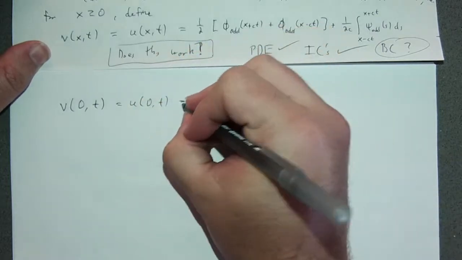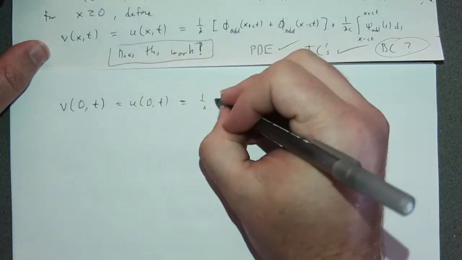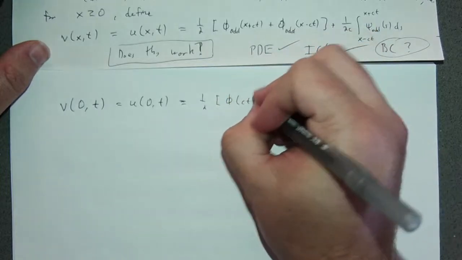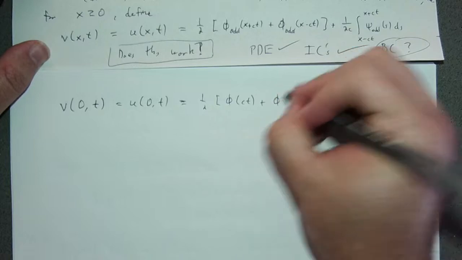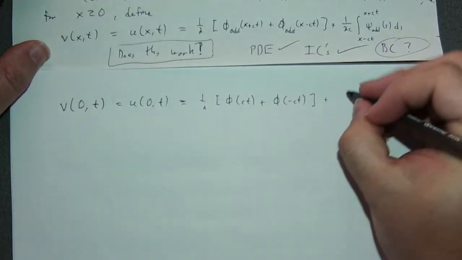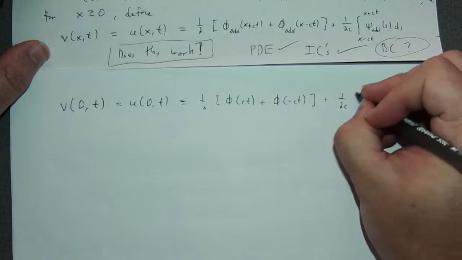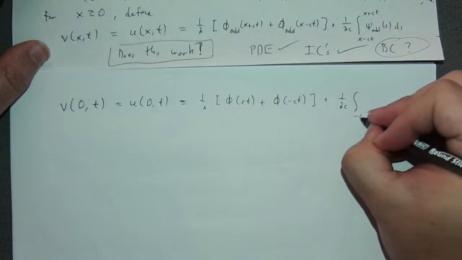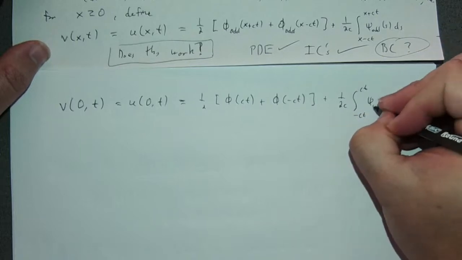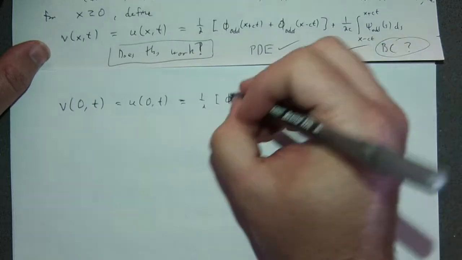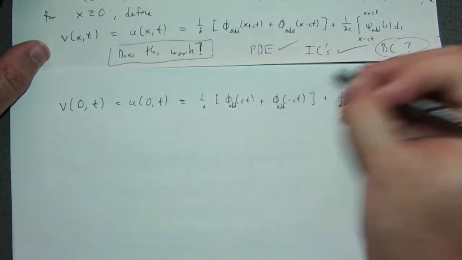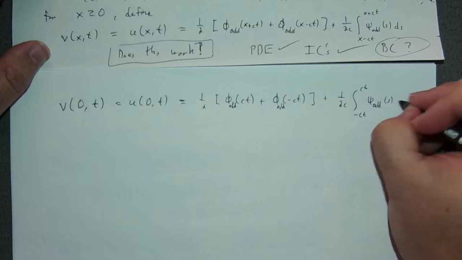And now this is 1/2 times phi of ct plus phi of minus ct, plus 1 over 2c times the integral from minus ct to ct of c odd. Sorry, what am I doing here? These are phi odd and c odd. That's very important.